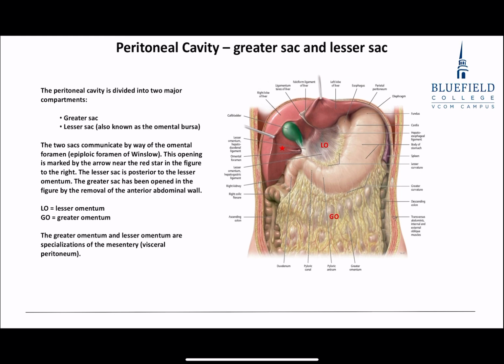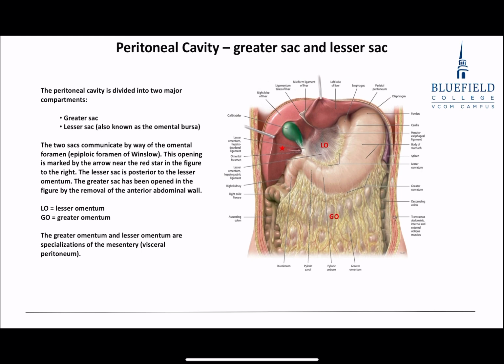So the part that is below the greater omentum, is that also the inferior sac, or the lesser sac? So this would all be greater sac here. If I put my hand between the small intestine and the greater omentum coming over, that's greater sac.